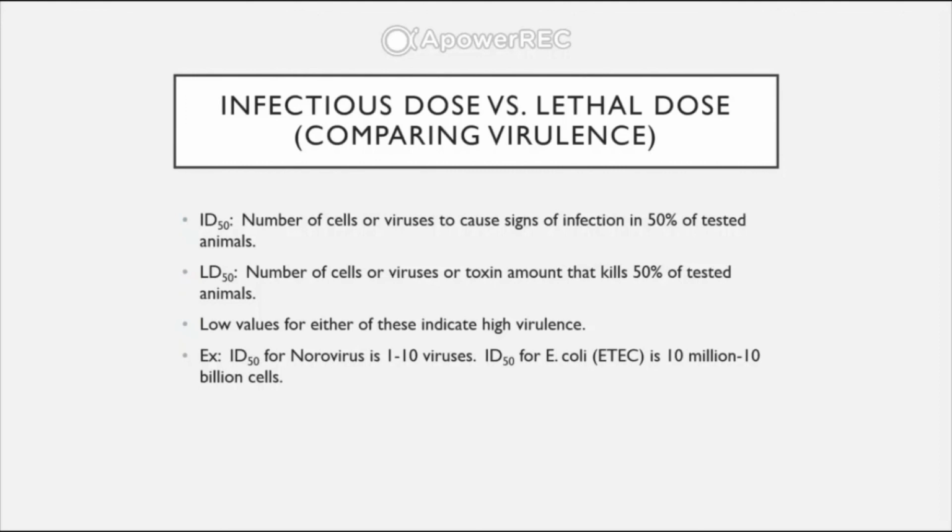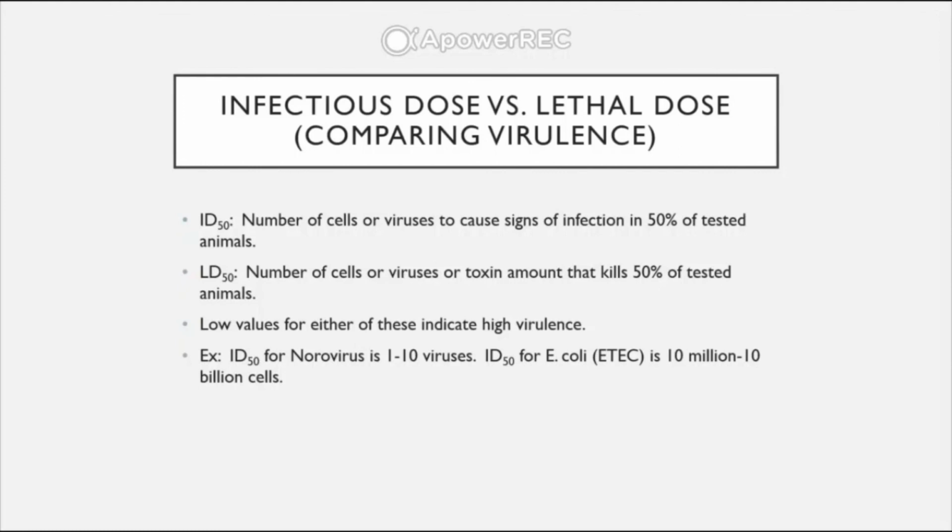This means that the lower relative values means that these viruses, cells, toxins, etc., are less infective and less lethal. And relatively higher levels means that they are more infective and more lethal. Therefore, they have a higher degree of virulence.